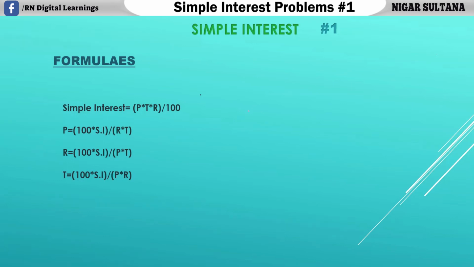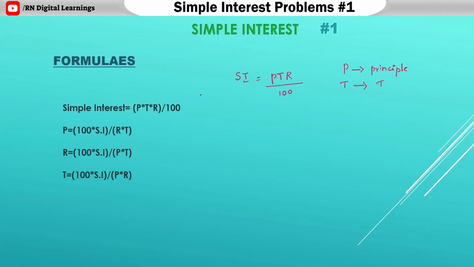Simple interest is denoted by SI, which equals PTR by 100. This is P into T into R. Now let's see what these indicate. P means principal. T means time.